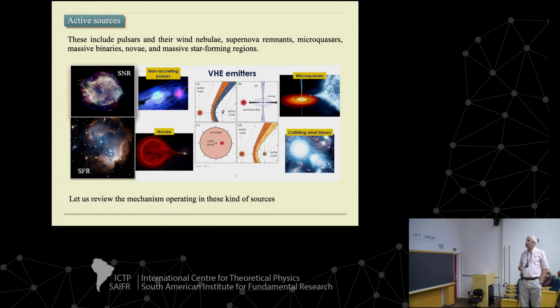We will see some famous examples in a moment. And then you have the microquasars. Microquasars are scaled-down versions of extragalactic quasars, and I will discuss these monsters in detail later.